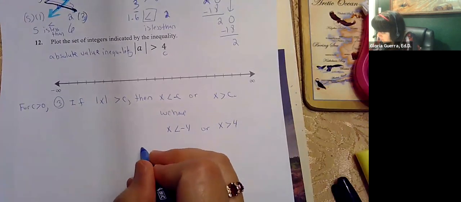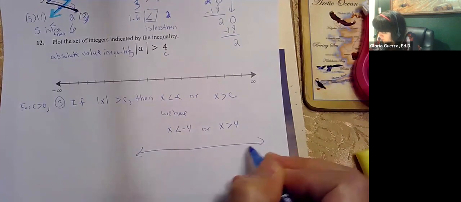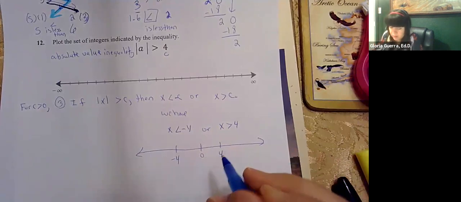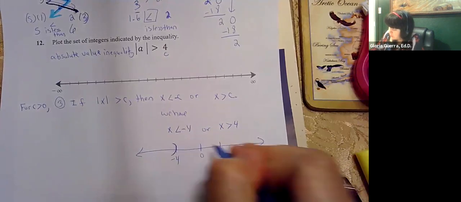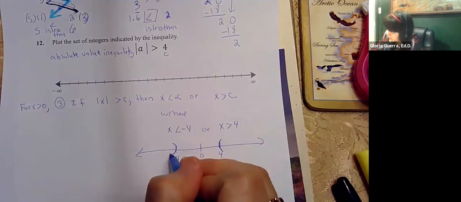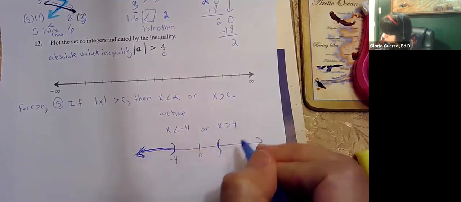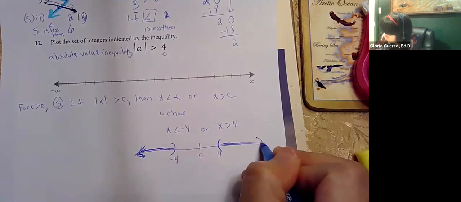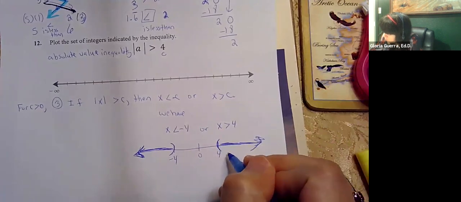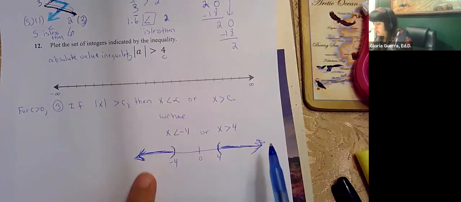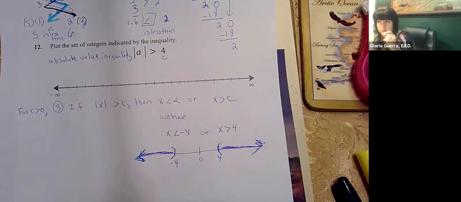Okay. So here's what that means on a number line. Here's 0, here's negative 4, here's 4. And we have these parentheses here, and I have all this shaded. When you do all this shading, it includes integers as well as the little fractions and the decimals.